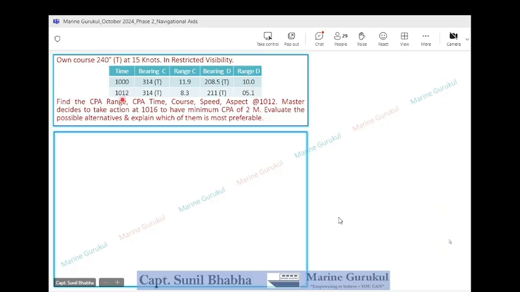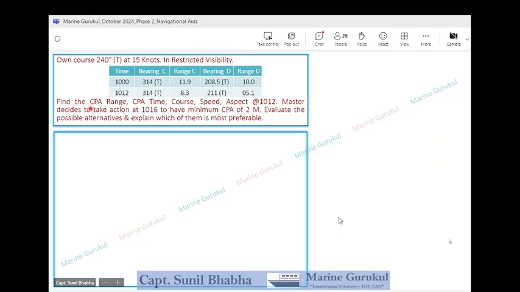The next observation is taken after 12 minutes at 10:12. The bearing of target Charlie remains 314 and the range is 8.3 miles. The bearing of target Delta is 211 degrees true and the range is 5.1 nautical miles.